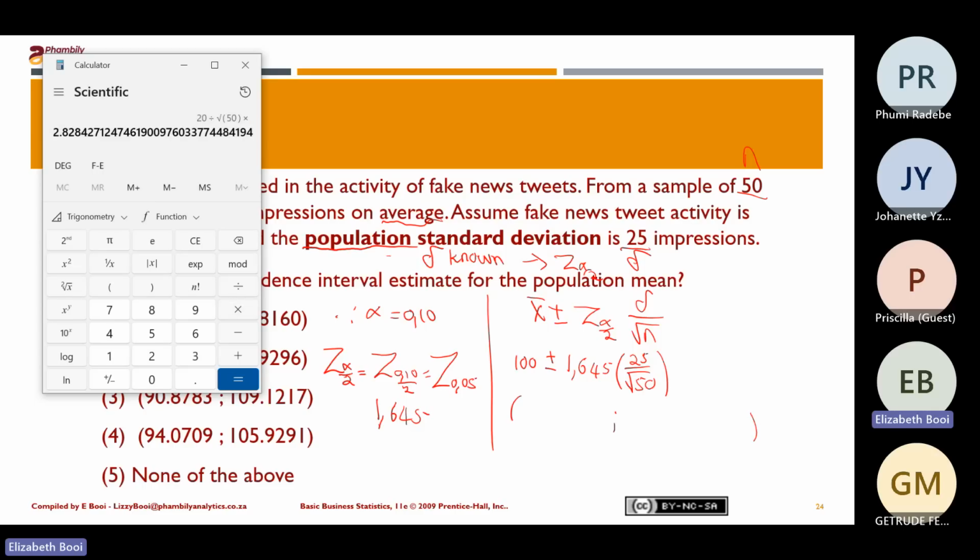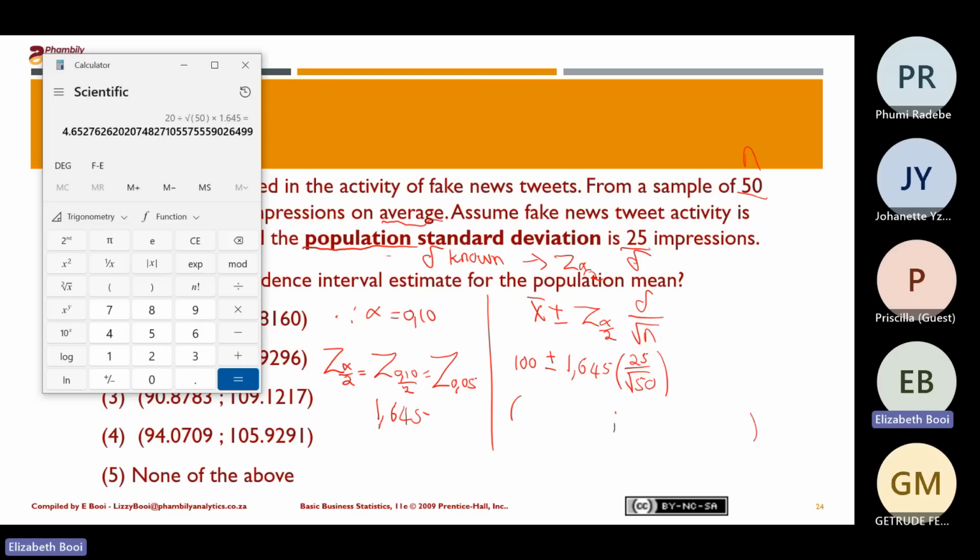I'm just going to multiply by 1.645, because multiplication and division have the same priority, so you can work from left to right or right to left. Multiply by 1.645 and I get an answer.